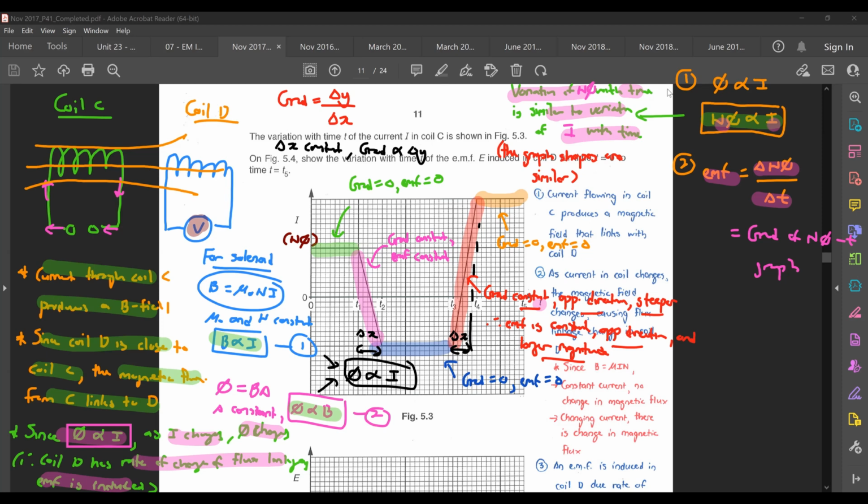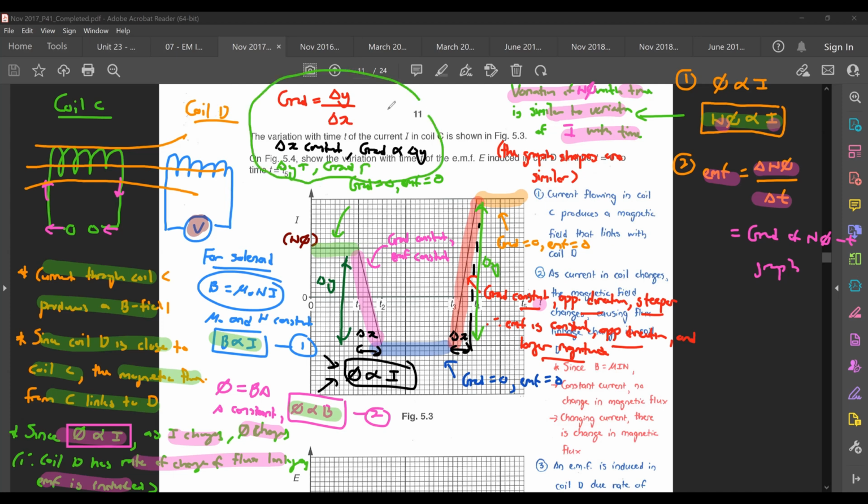So now I look at the change in y values for the first gradient. This is the change in y. But then I look at the change in y value for the second gradient, which is this one. This is my change in y for the second gradient, right? You can see clearly that this change in y is larger than this change in y. So therefore, I can say that the gradient is going to be larger for the second section here. So delta y being larger would mean that my gradient is larger.